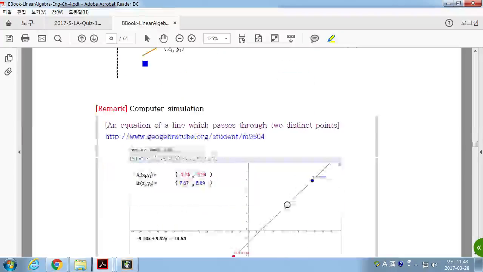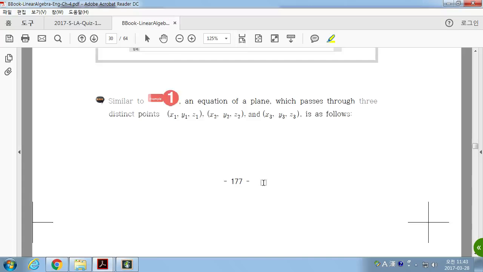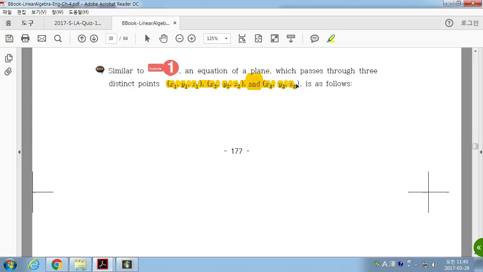What about this? This is a simulator that I made. If you are looking for the equation of a plane that passes through 3 points in R3, how do you find it? What's the shape of this equation? Ax plus By plus Cz plus D equal to 0, isn't it? That's the equation.